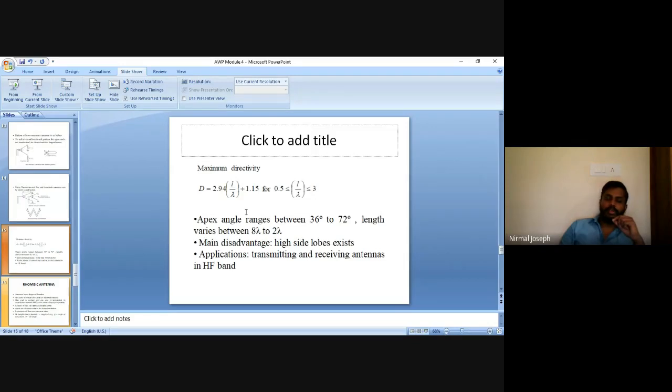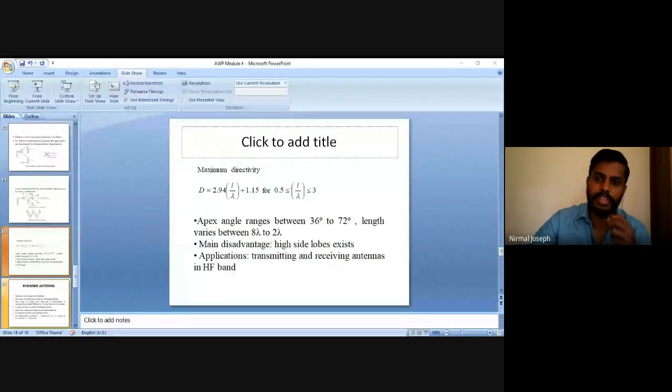So, can you say any disadvantage of this particular arrangement, or the V antenna? The length should be between 8 lambda to 2 lambda.